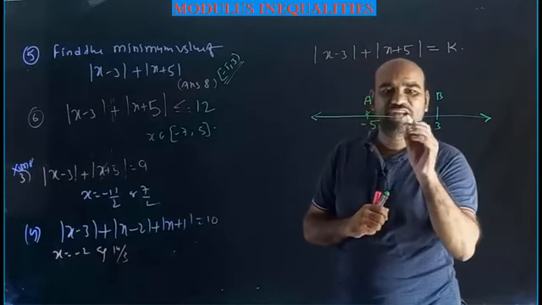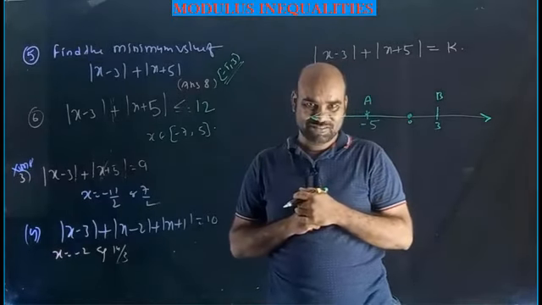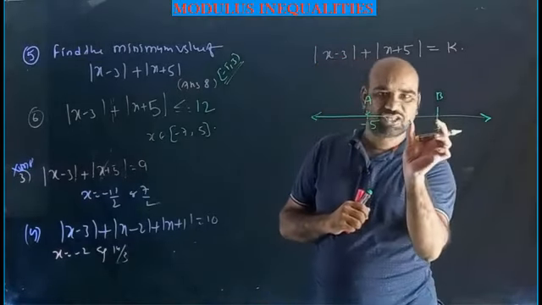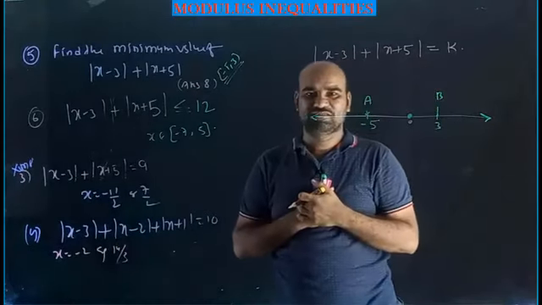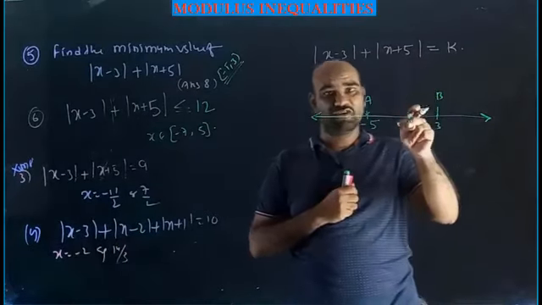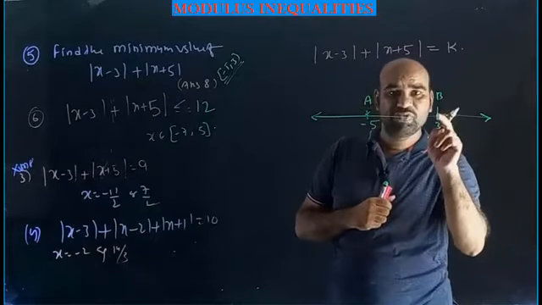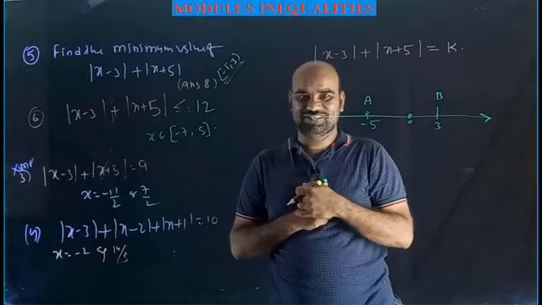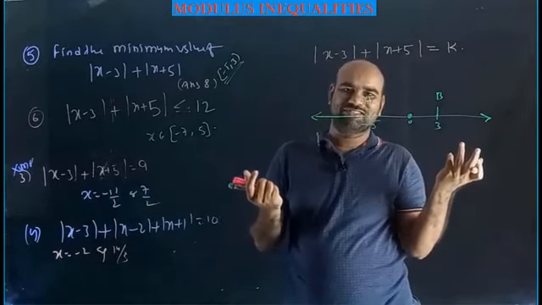Or if they want to meet at the origin, B should travel these 3 units, A should travel the 5 units, totally 8 units. At 0 they meet, they travel 8 units. At B's home they meet, 8 units. At A's home they meet, again 8 units.